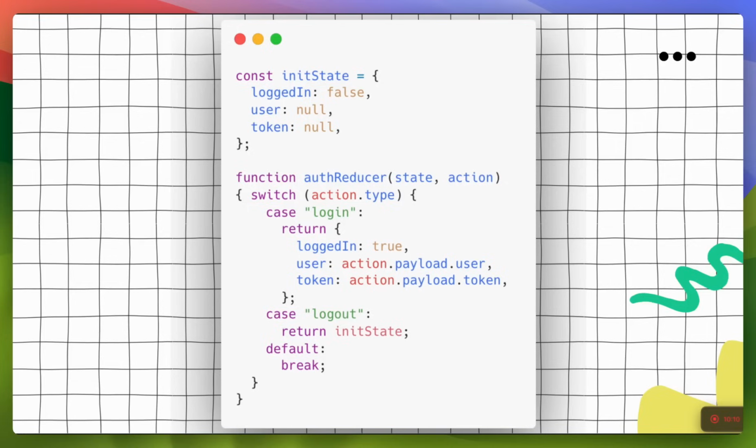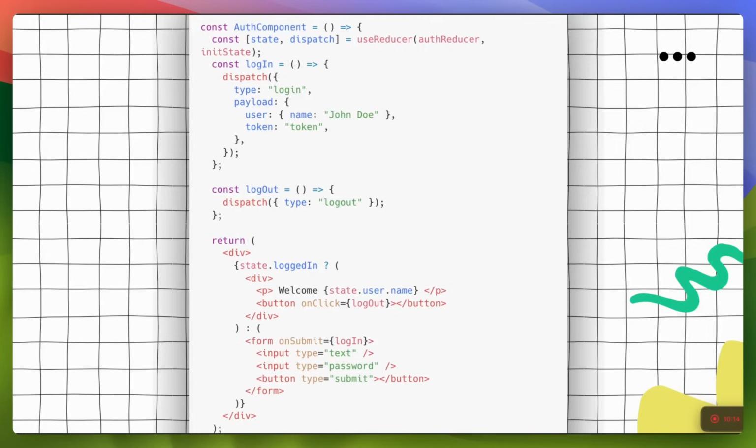So what this leads to is that now our auth component wouldn't need to define all the state variables and manage them itself. Instead, it just needs to refer to the useReducer hook to gain access to all of those states in just one line. And this component will not be able to directly modify or mutate any state itself.